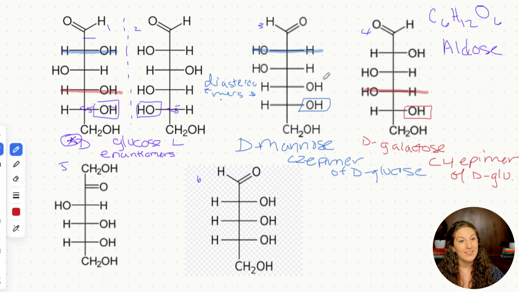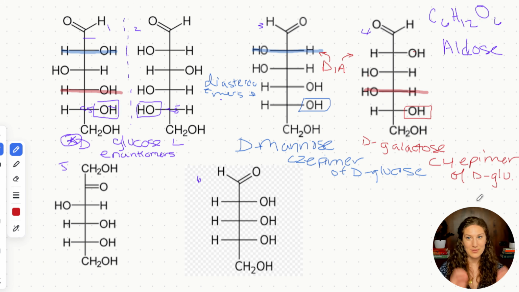But if we look at mannose and galactose, right, they're different. They have a difference at both C2 and C4. So these guys are also diastereomers. I'm just going to write dia of each other. All right. So mannose and galactose are epimers of glucose, but diastereomers of each other. Cool. So this is a great way to review isomers with sugar since they're all isomers of each other.